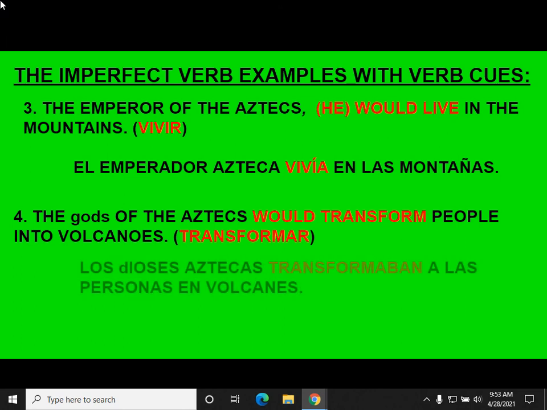Aban, very good. So los dioses aztecas transformaban a las personas en volcanes. So notice that I spelled dioses with a little d because it's mythical gods. These are gods that are in legends.